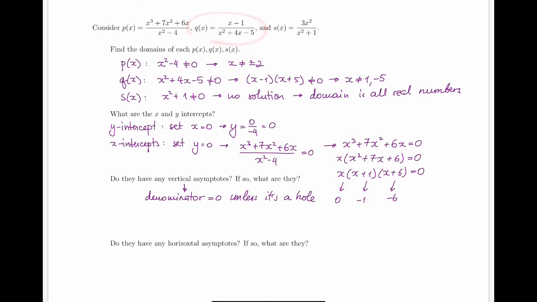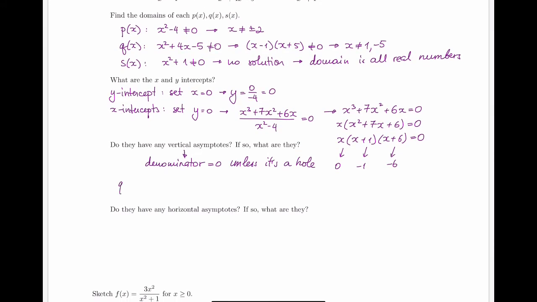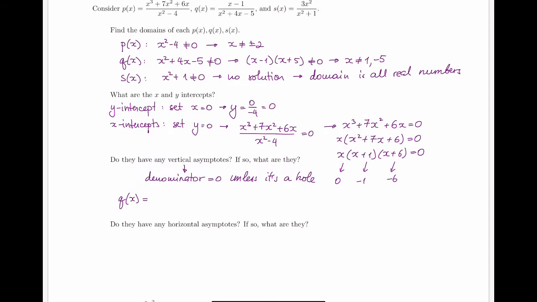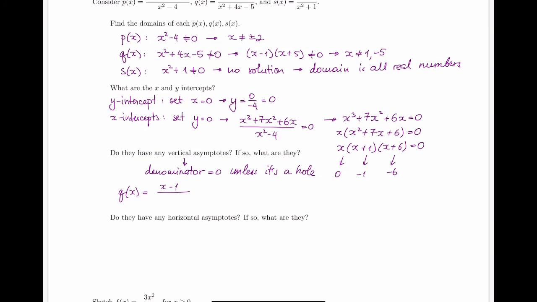In the case of q of x, let me just go through q of x quickly. I'm going to have x minus 1 over x squared plus 4x minus 5. Now, seemingly, when the bottom is 0 is when I would have a vertical asymptote, but here I notice that the bottom can be factored into x plus 5 and x minus 1, which means that one of the factors of the bottom, and therefore a potential vertical asymptote, actually gets cancelled.